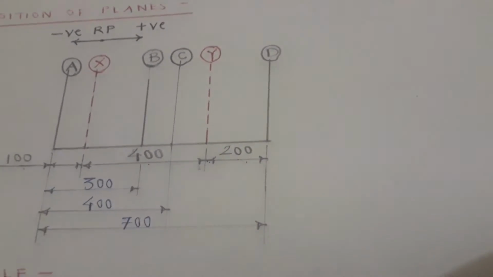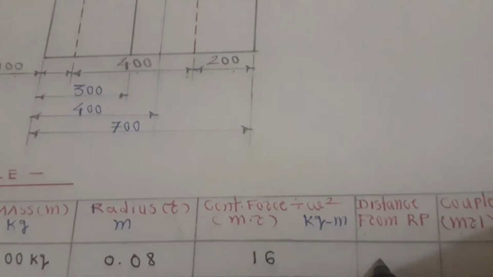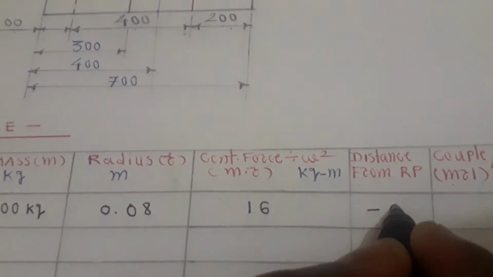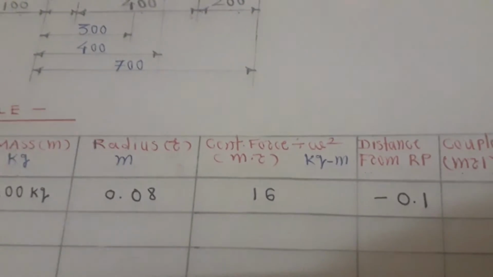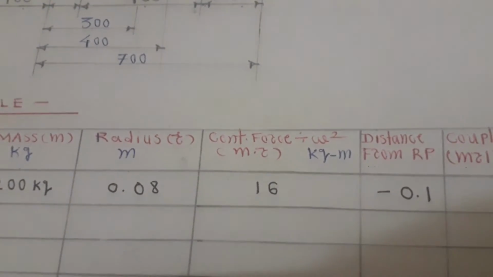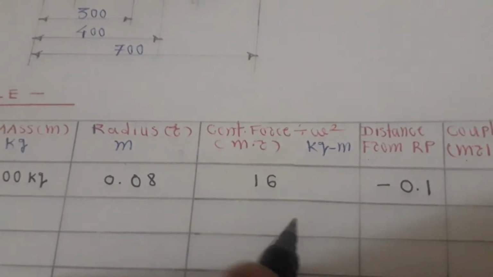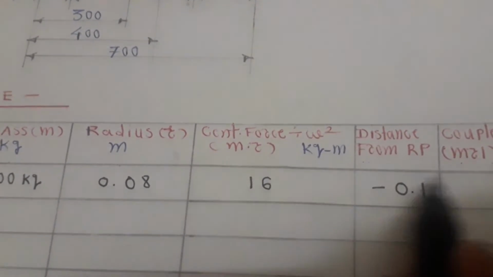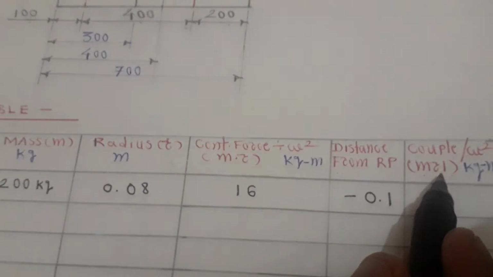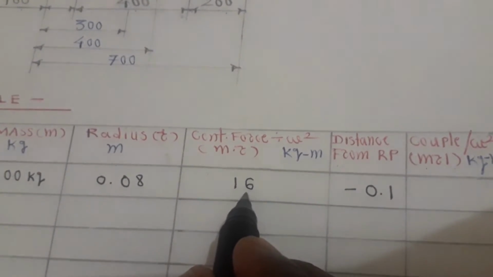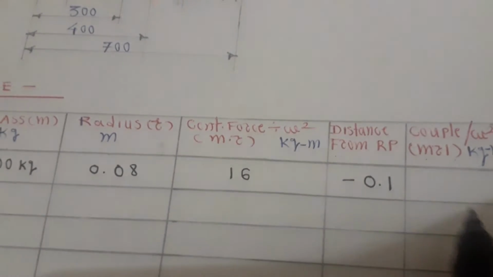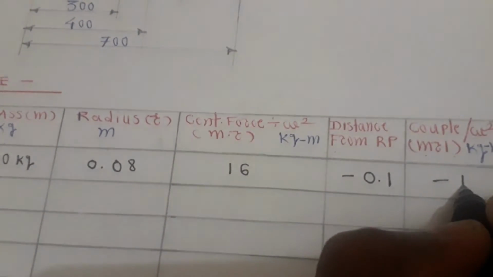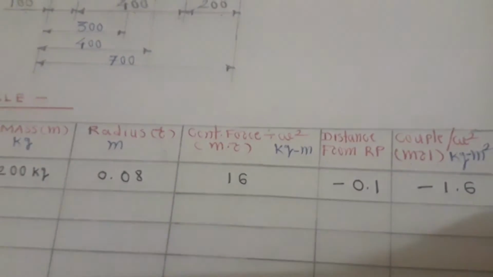Therefore this distance is with the negative sign, that is 0.1 meter. Now if I consider the product of these two entities, that is M into R into L, 16 into minus 0.1, it will be minus 1.6.